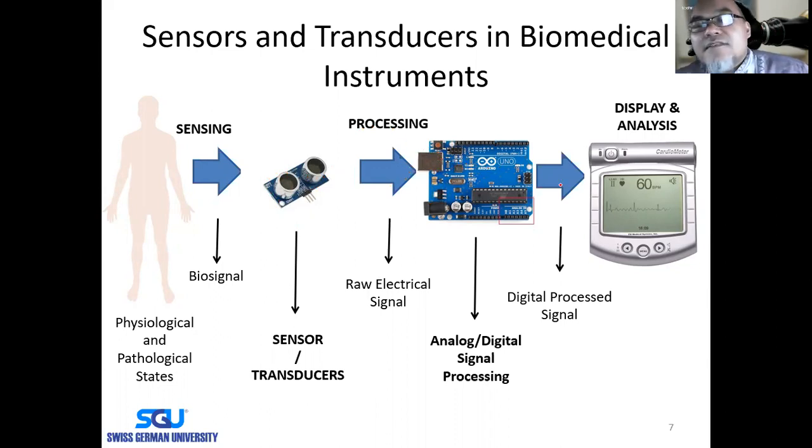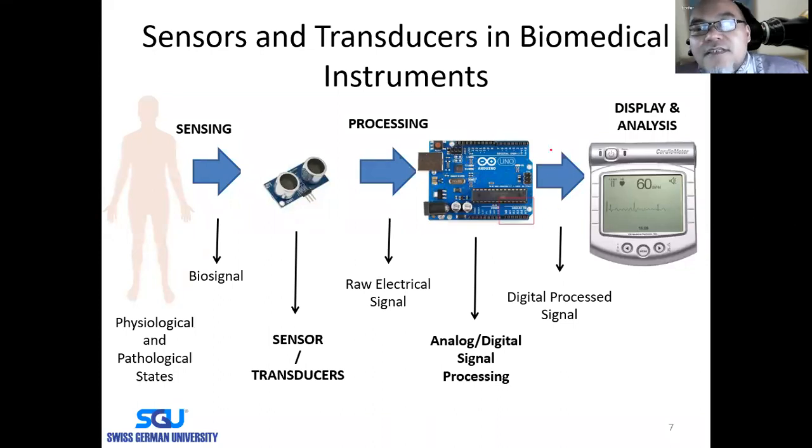Analog means when we still use voltage, current, and other forms, using amplifier, resistor, capacitor, etc. But when it is already converted using an analog digital converter into digital signal, 010101, then we can process it further using a microprocessor, for example, or microcontroller.